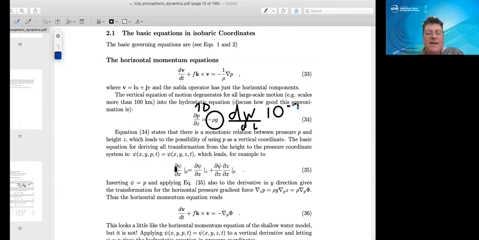So with this, we can derive, for example, the rule for a derivative when keeping the pressure constant. When we apply d by dx to this expression here, we have to keep the pressure constant. But if we apply the same derivative on the right-hand side here, then we have to keep z constant, but we have to assume that z is dependent on p.